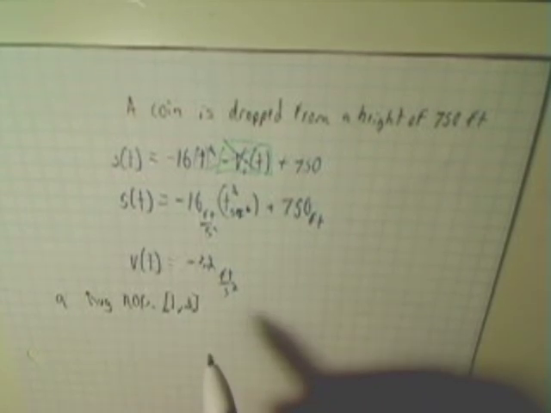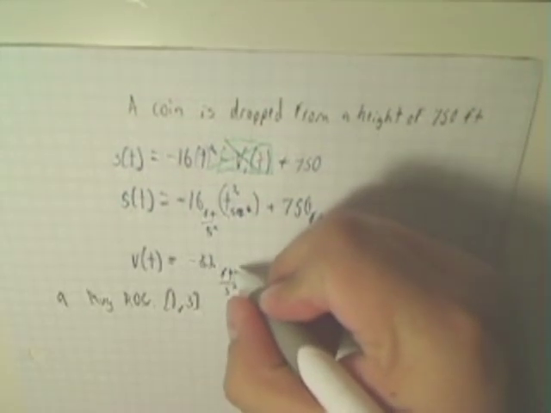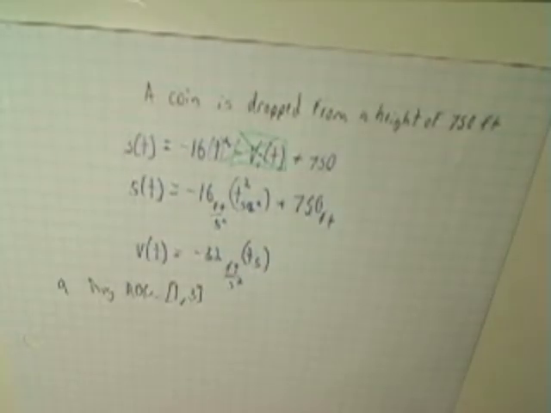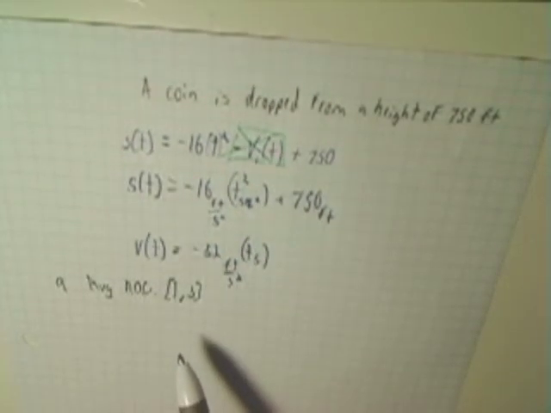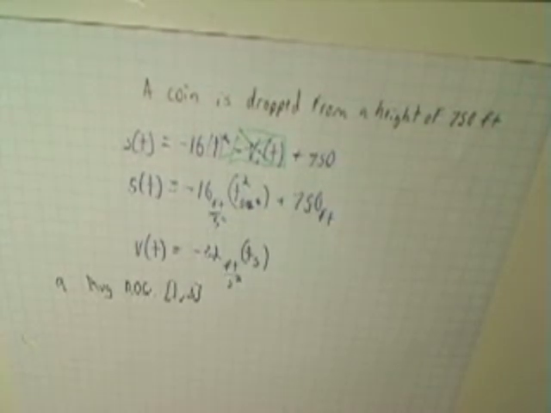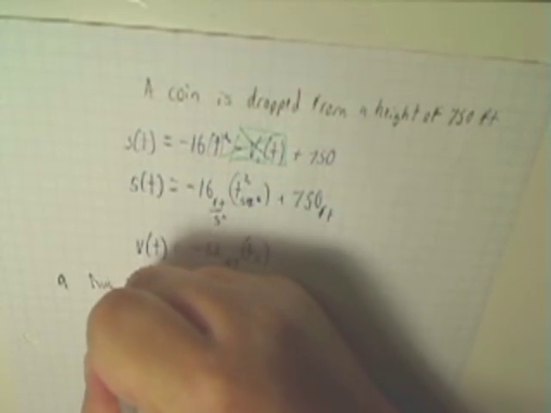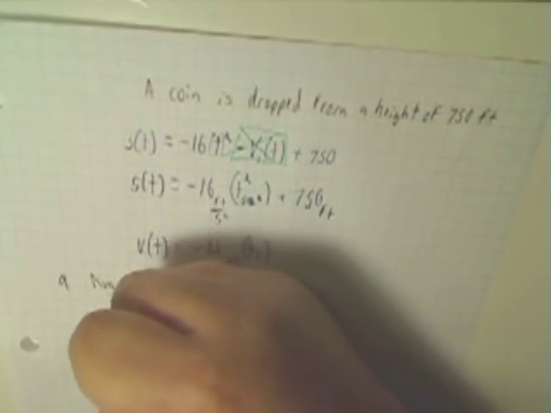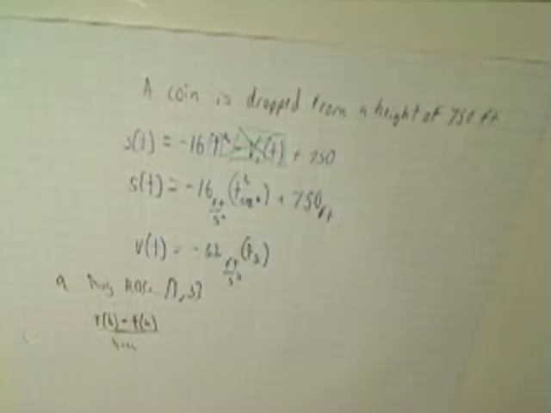So, if we plug in 3, the average rate of change is f of b minus f of a all over b minus a.